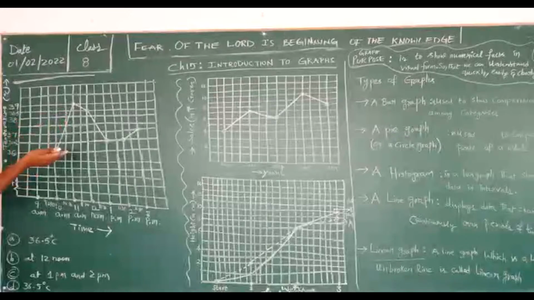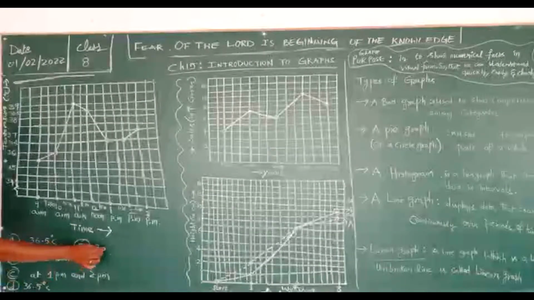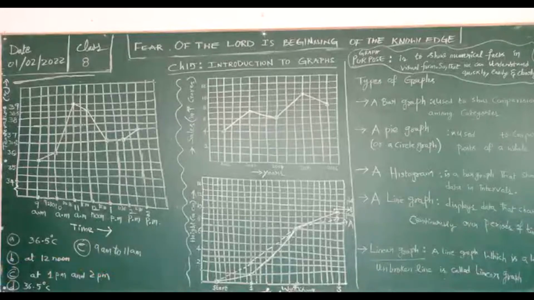A downward trend is nothing but the hours in which the temperature was decreased. So the upward trend is from 9 a.m. to 11 a.m. Your answer for E is 9 a.m. to 11 a.m. is the increased trend.